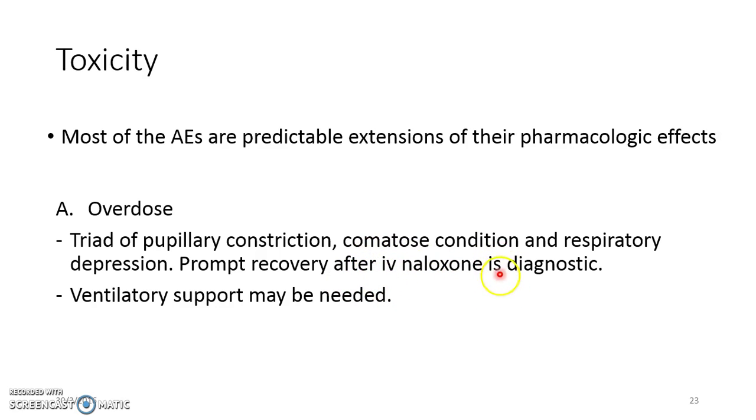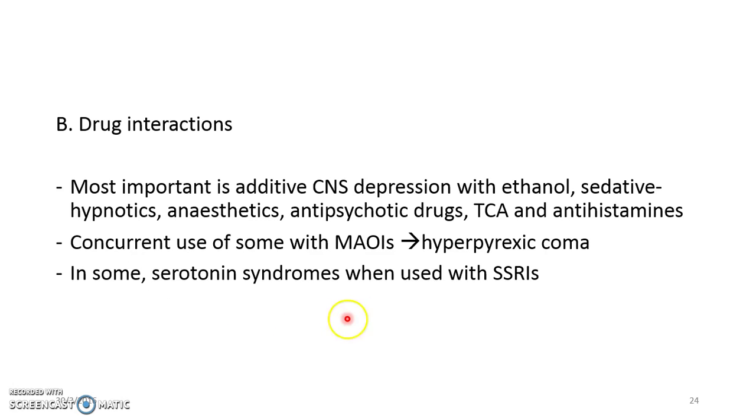As mentioned in the previous lecture series, this is an opioid antagonist, which is used to reverse the effects of opioids. And sometimes ventilatory support may be needed in such cases.